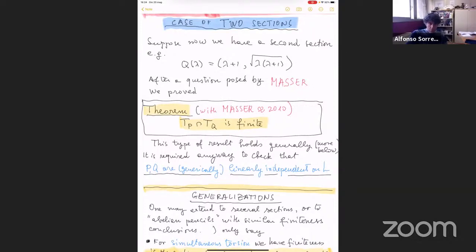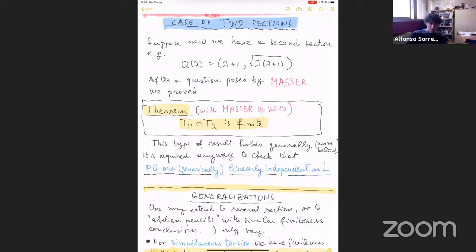And we succeeded in proving that there is finiteness. So if we impose a single torsion condition, we find a small set, but not too small, in fact, a dense set. But if we impose a double torsion condition, then we have finiteness. Independently of the degree, there are only finitely many lines such that both P and Q are torsion.